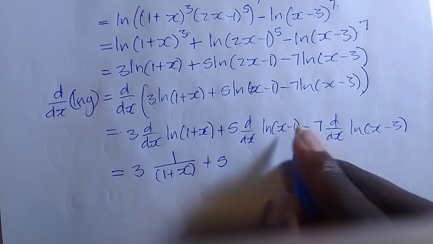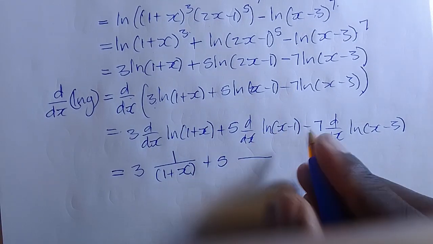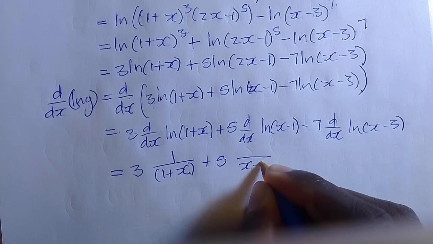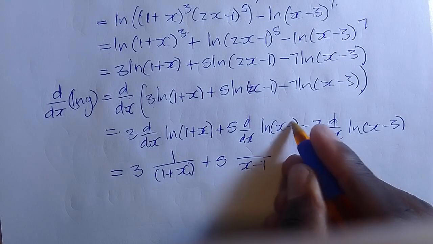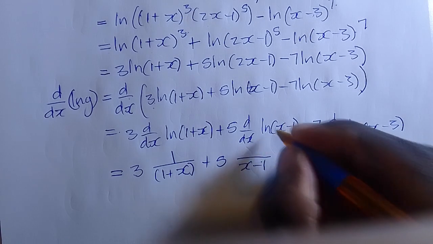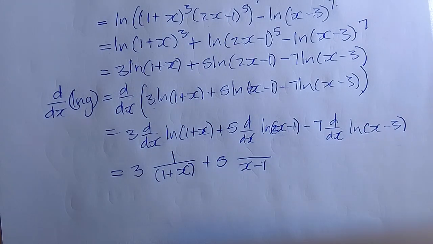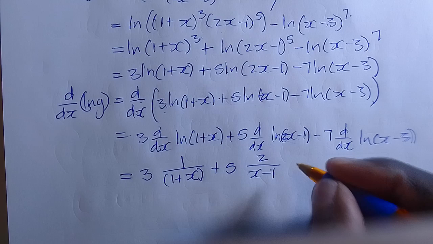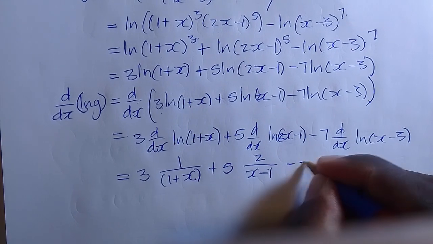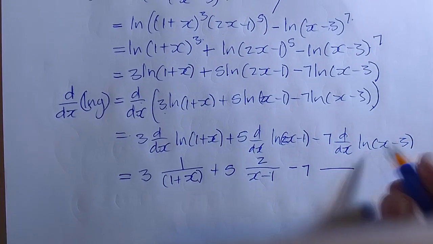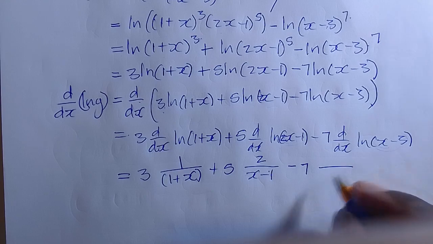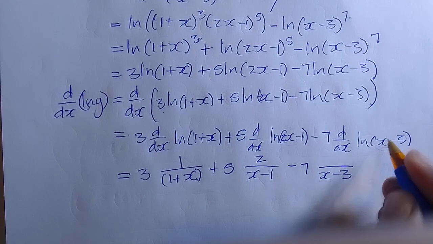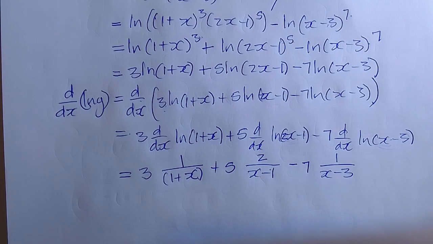Plus 5, we do the same thing. You take this, 2x minus 1, you make it your denominator, and the derivative of this is 2, you put it right there. And then you have minus 7, same thing again, you take this, you make it your denominator, x minus 3. Derivative of this is 1, that's your numerator.